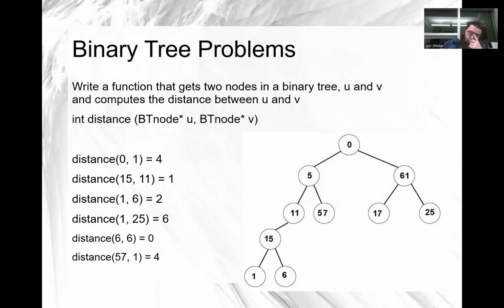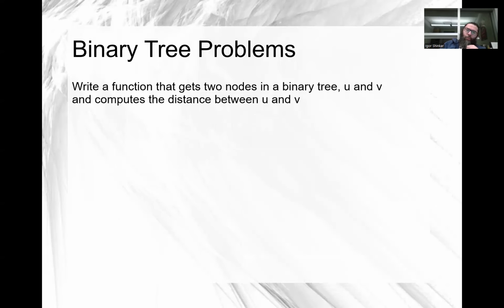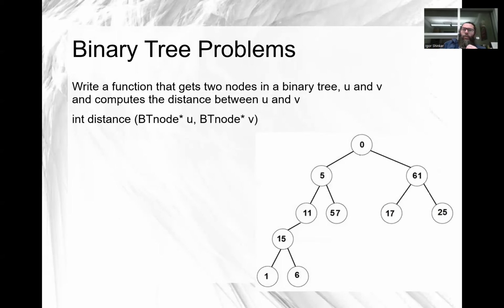Okay, so I think in the picture you understand what needs to be done. You need to compute the distance, and the question is, how do you actually do it? Write a function that gets two vertices and computes the distance between them. If one is a descendant of the other, then it's sort of easy.